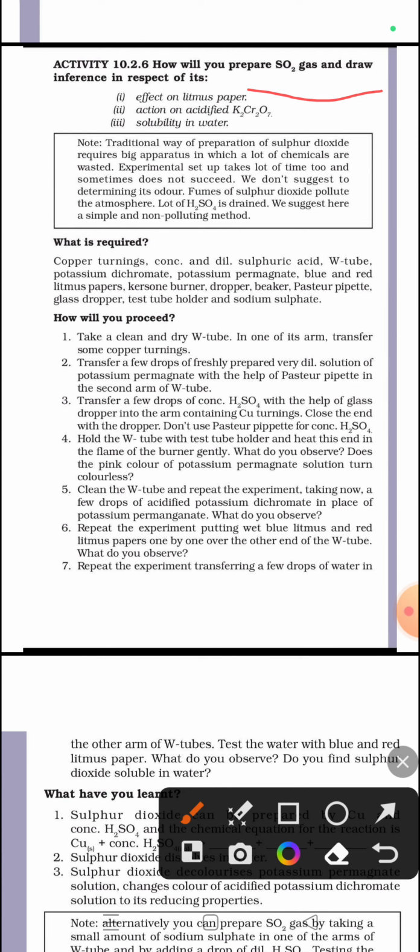In one of its arms, transfer some copper turnings, and transfer a few drops of freshly prepared very dilute solution of potassium permanganate with the help of a pipette. Then transfer a few drops of concentrated H2SO4 with the help of a glass dropper into the arm containing copper turnings. Close the end with the dropper. Don't use a pipette for concentrated H2SO4.